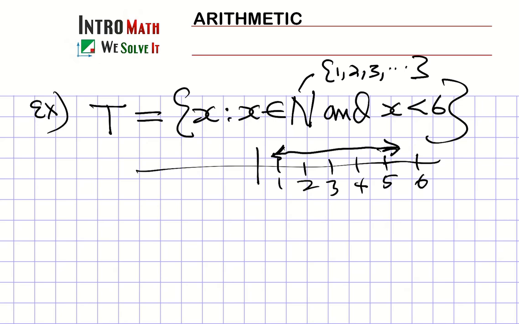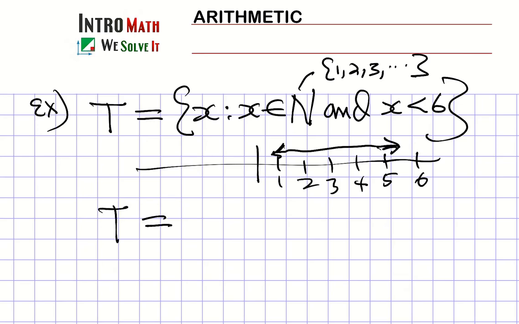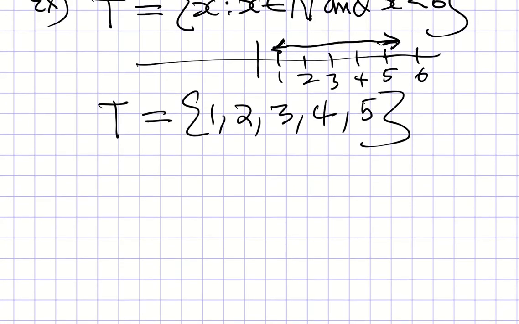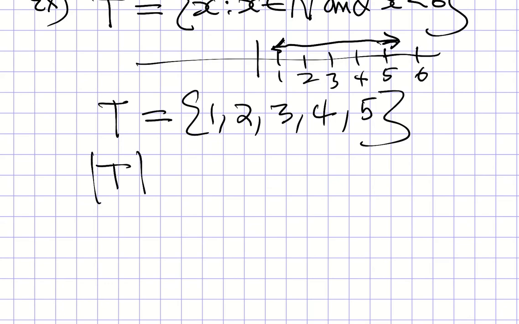So basically T is the same thing as 1, 2, 3, 4, 5. That's it. 6 is not included because it says less than 6. If it says less than 7, then 6 will be included. What is the cardinality of T? Just 5 elements. That's what that's saying.